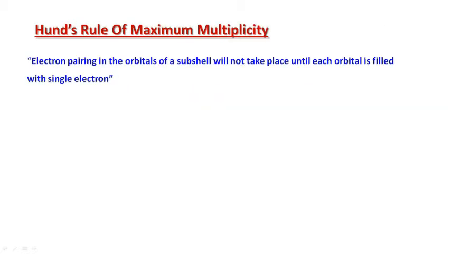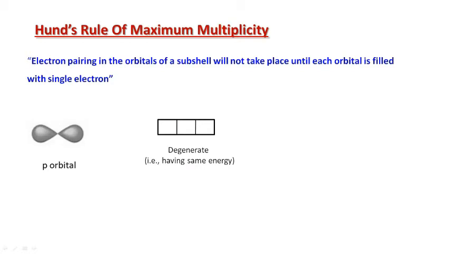Hund's rule of maximum multiplicity. According to this rule, electron pairing in the orbitals of a subshell will not take place until each orbital is filled with a single electron. Let us have an example of the p orbital. Corresponding to Hund's rule of maximum multiplicity, each orbital will first get one electron. Only after that will the pairing take place.